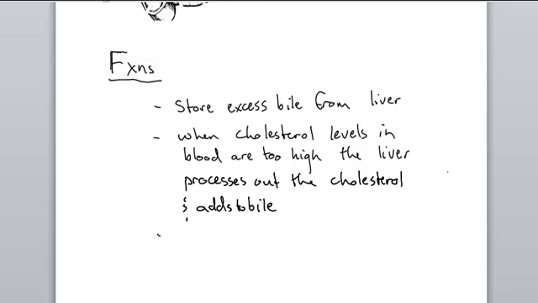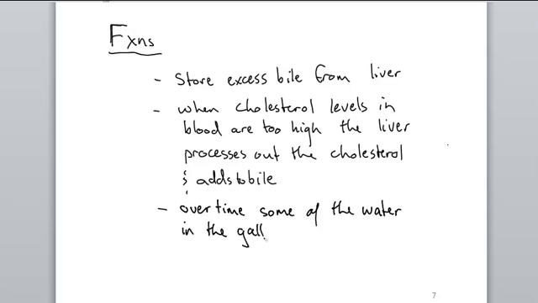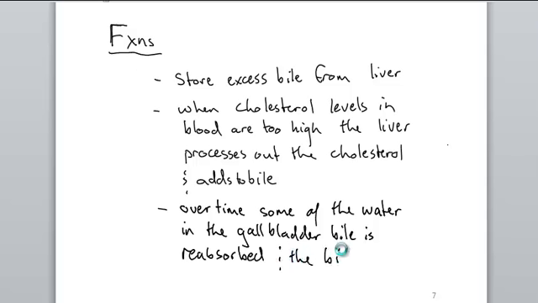Because while your excess bile sits in your gallbladder, over time some of the water in the gallbladder bile is reabsorbed. And the bile becomes more concentrated.